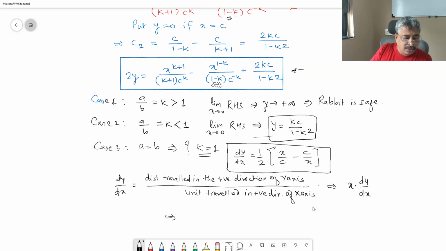Limit as x tends to 0. So I am multiplying this entire equation by x.